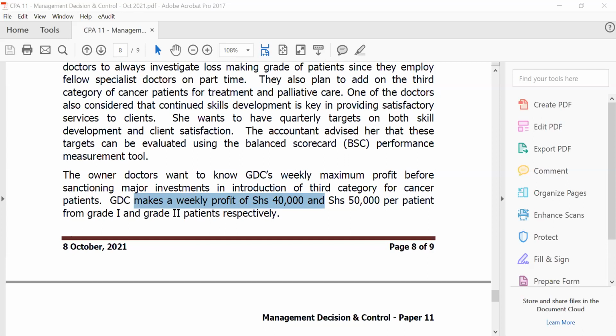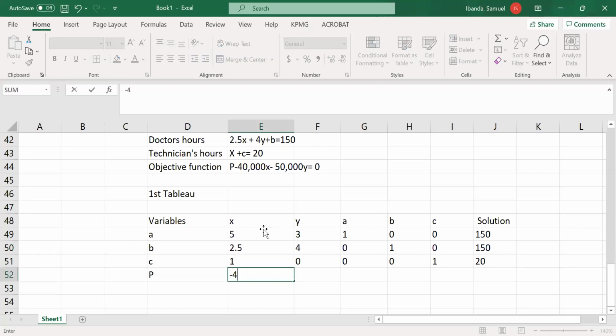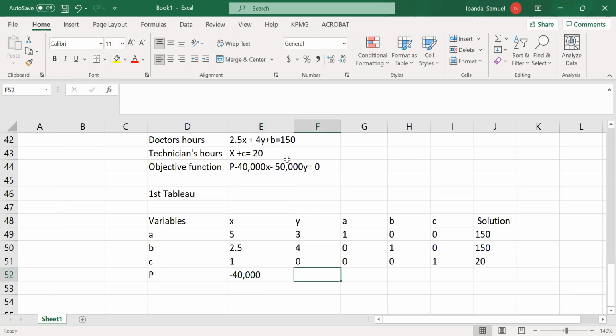So when you come to your W here, what you basically do is come and write. Now, for the first equation, under X, we have negative 40X, so here we have negative 40,000. Under Y, we have negative 50,000.